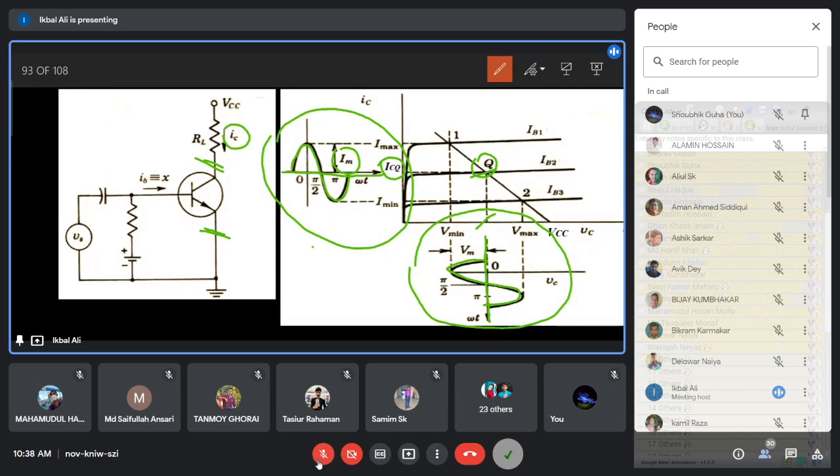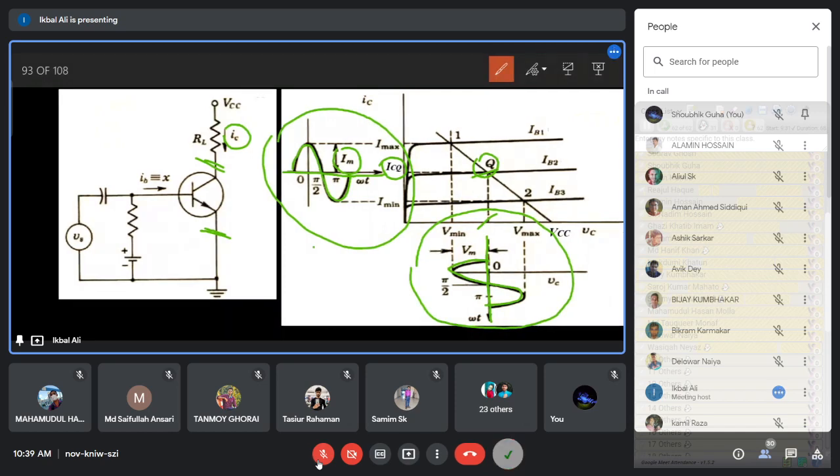That means you have designed the transistor circuit to set the Q point in the middle of the active region. That is why, as soon as you apply the AC signal, the collector current from that DC value will swing between Imax and Imin, and the collector emitter voltage will swing between Vmin and Vmax.